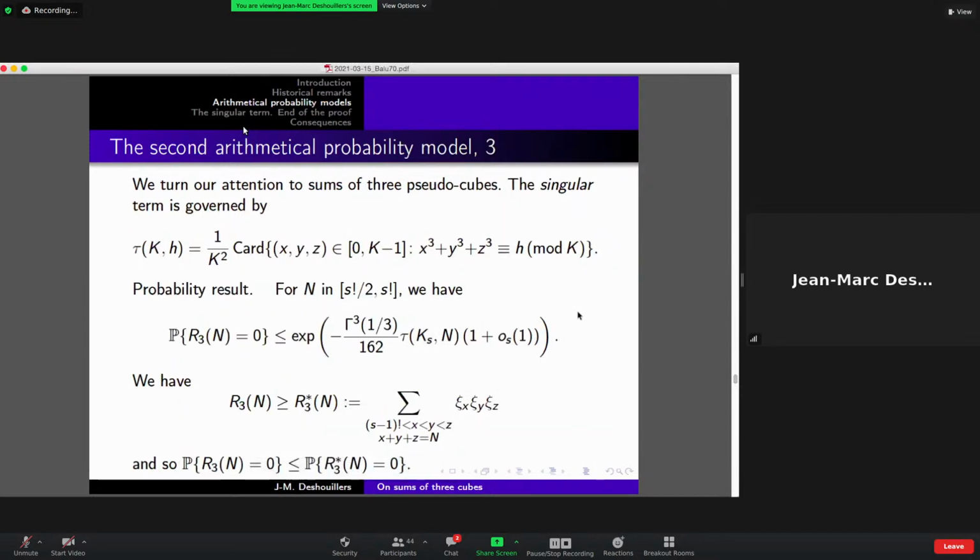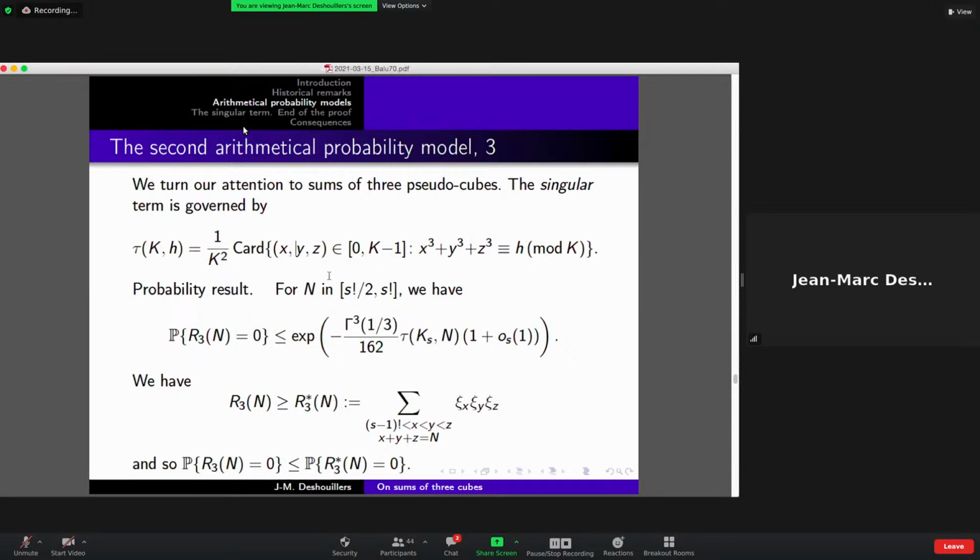Okay, so now we turn our attention to the sum of 3 pseudo cubes. Then you will have a singular term which is governed by the local factor, that is to say, the cardinality of triples x, y, z between 0 and k-1, taken modulo k, for which x cubed plus y cubed plus z cubed is congruent to h mod k.